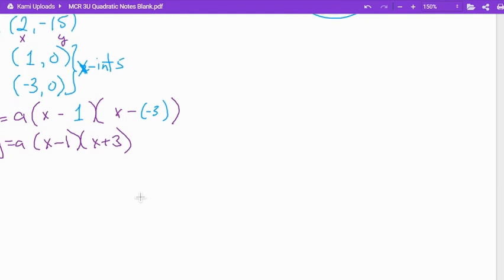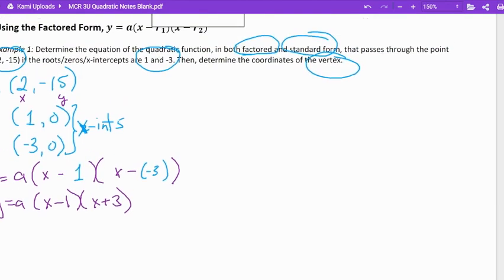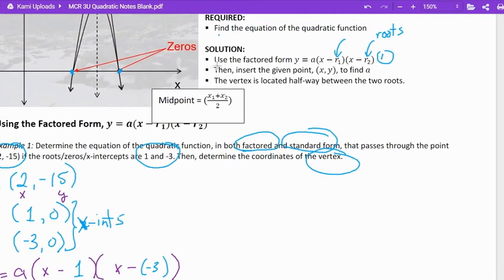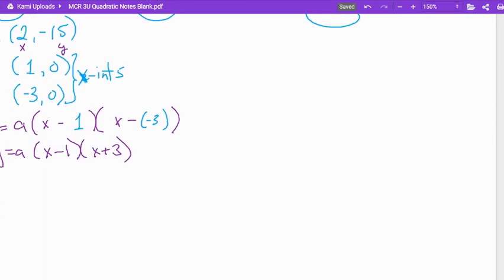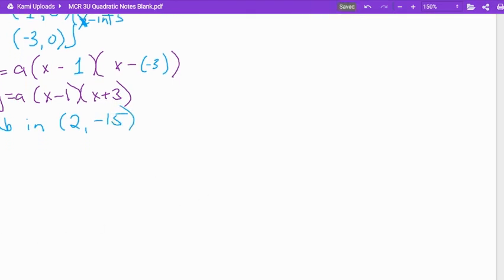Okay. I forget what to do. Well, let's look at these hints. So I did this, used factored form. Then insert the given point to find a. I see. So our given point, we're going to sub in to -15. Same equation, and just now, instead of y, I'm writing -15.